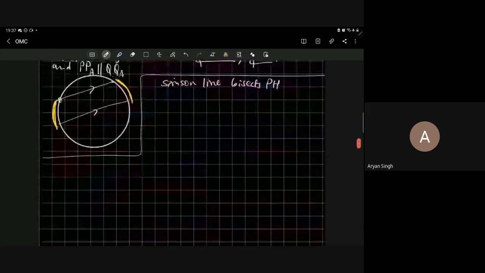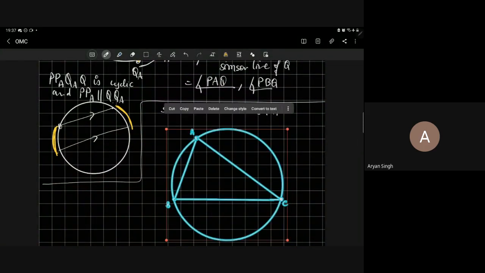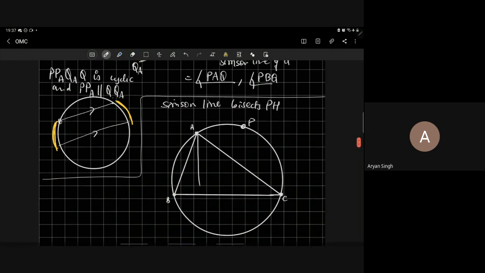Okay, wait, I'll make a new one. So let's call this P, somewhere H. So the Simpson line bisects PH.